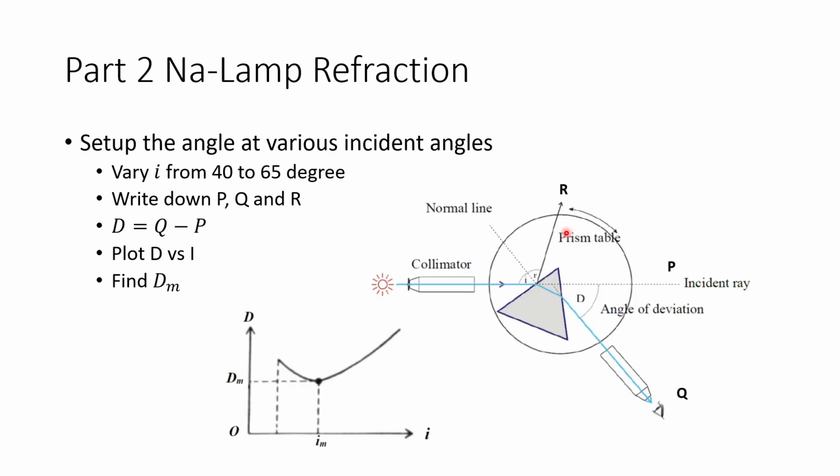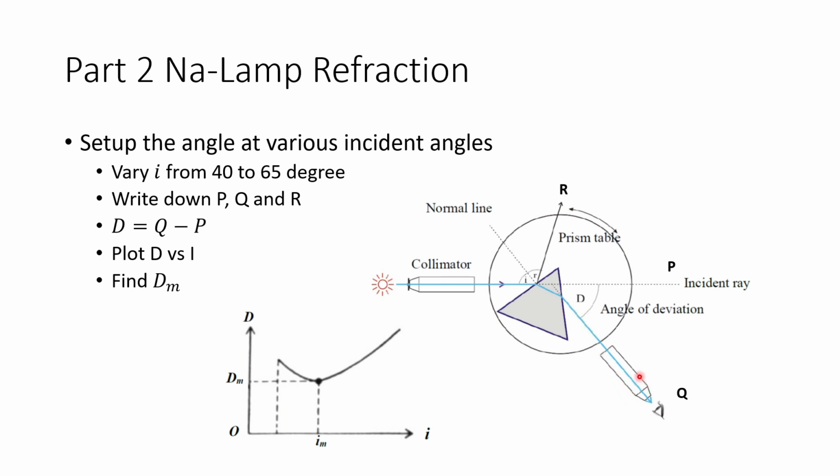Then on the second part, using the sodium lamp, you would twist this angle. You want to create the incident angle to be from 40 to 65, and within the range of 40 to 65 degrees, you would observe a light that reflects here. Set your telescope up here to find R first, and then twist it to find another beam, which is D right here.